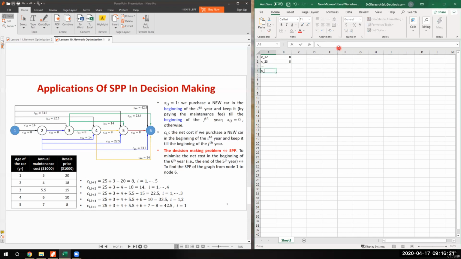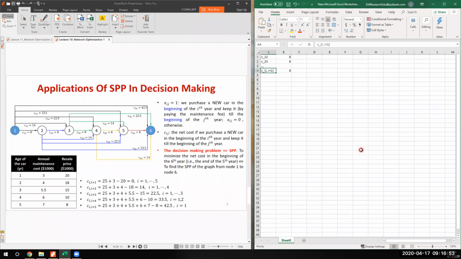As long as you purchase a car in the beginning of the ith year and you sell it in the beginning of the I+1 year, let me make it a bit more strict, let me add two brackets here. As long as you do this, for sure in the beginning you're going to pay 25,000 for purchasing a new car, and because you keep it for 1 year, it's going to cost you 3,000 for the maintenance, and then you get 20,000 back because you sell the car.